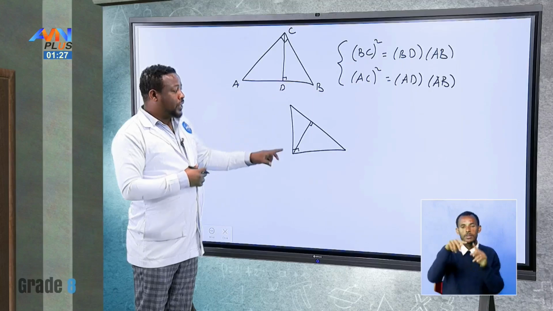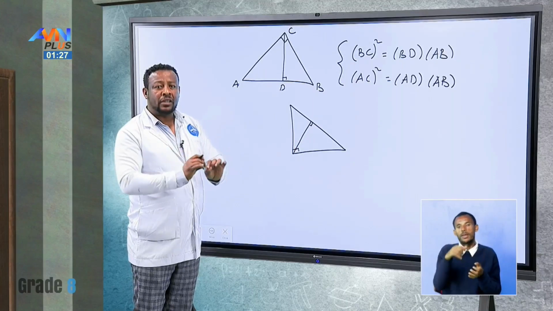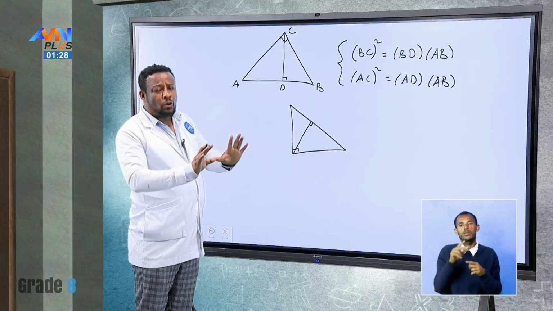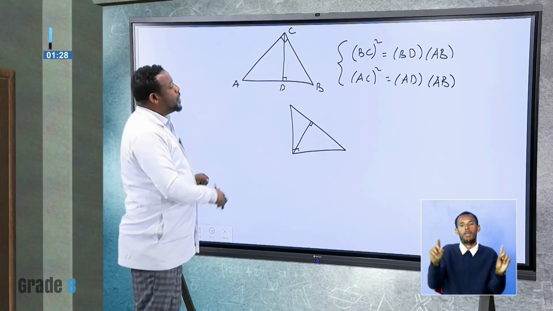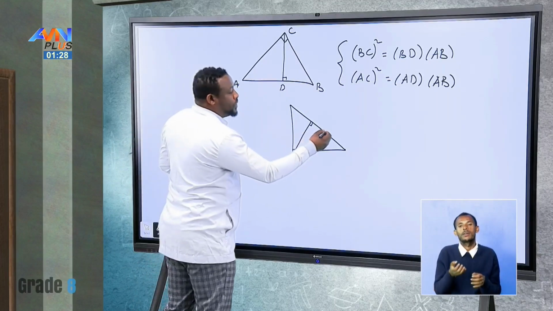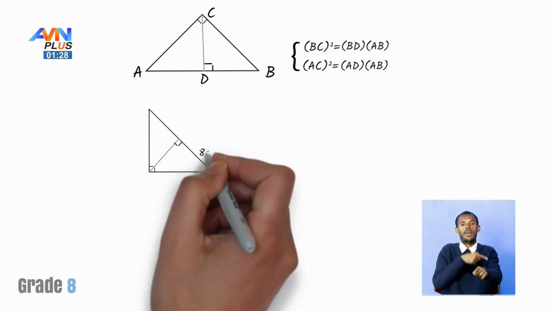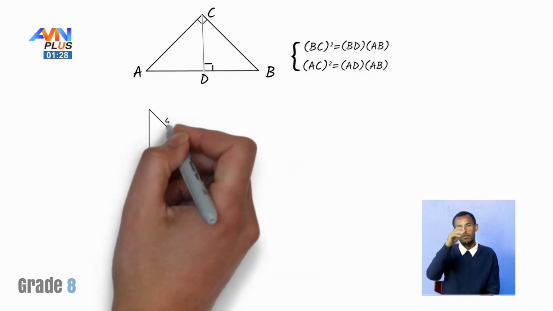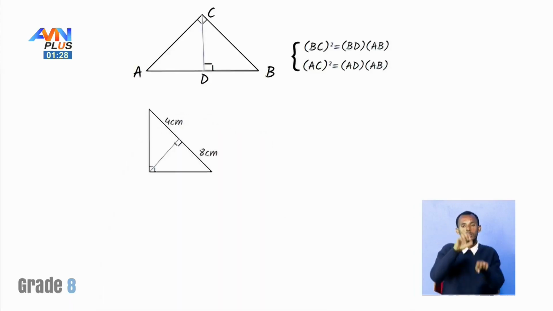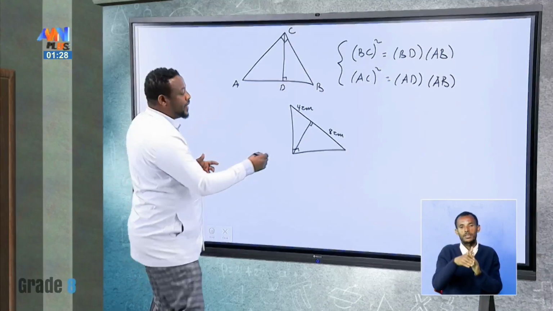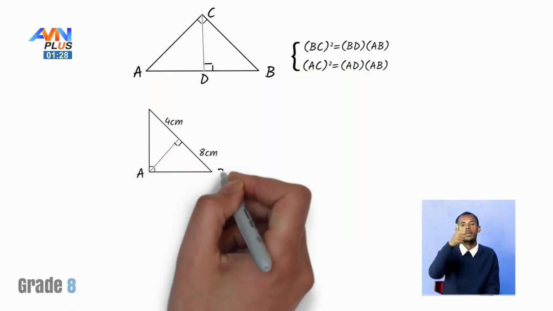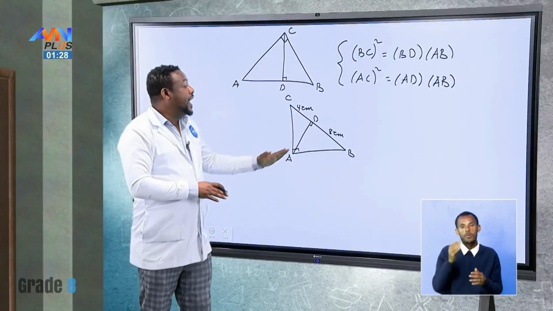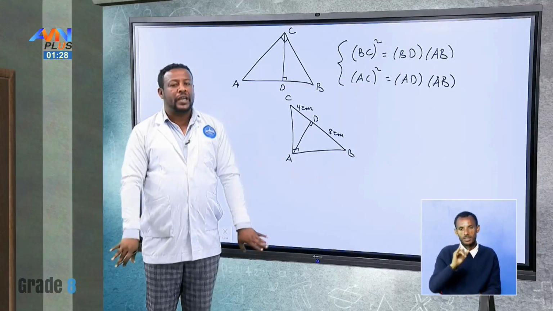If you want, you can give any letter to represent the vertices, but you can also make it free if you want. Assume this length is 8 centimeter and this is 4 centimeter. Okay, so to easily represent the lengths, say this is A, B, C, and D. Obviously, this AD is the altitude of a triangle.